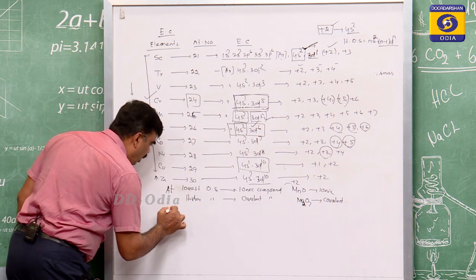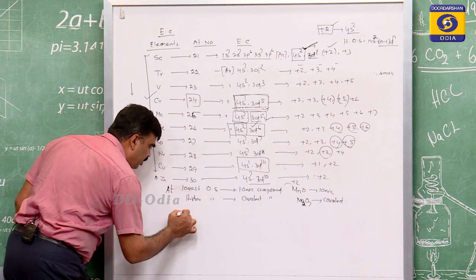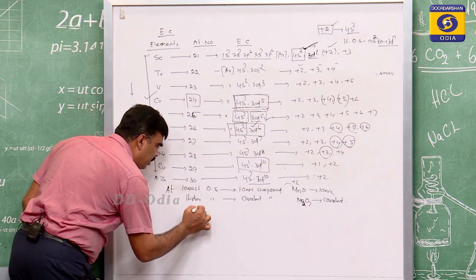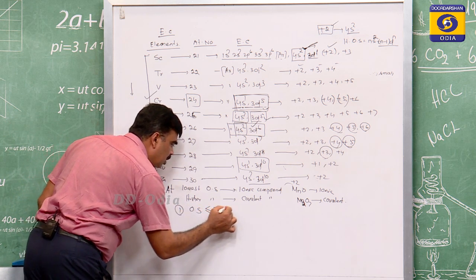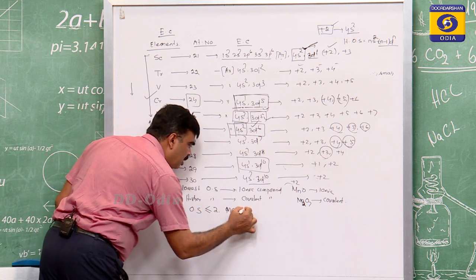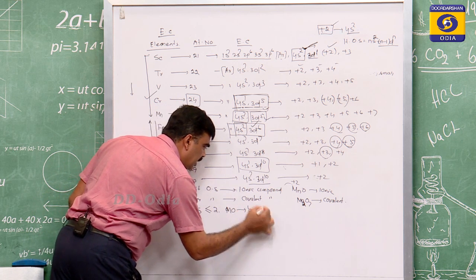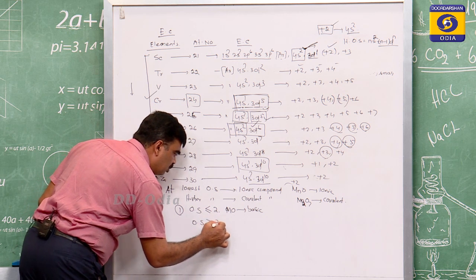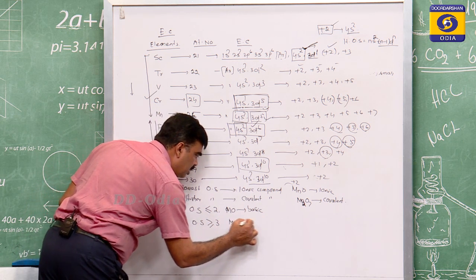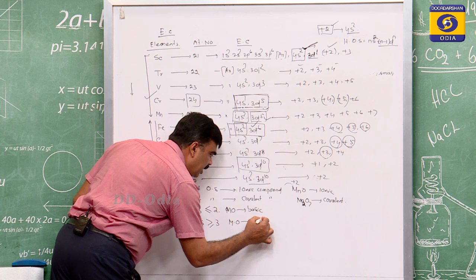Next, the nature of oxide. Here oxidation state is very important. If oxidation state is less than or equal to +2, the metal oxides are basic. If oxidation states are greater than or equal to +3, then metal oxides are acidic.